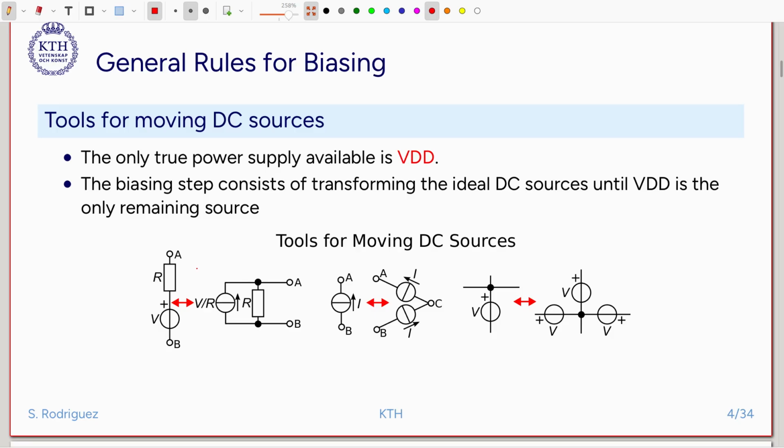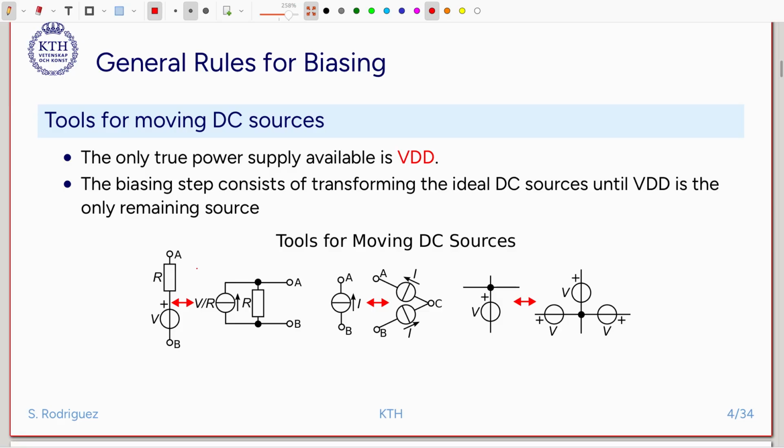Now, implementing these sources is not trivial, so we are going to use a very easy method that is very powerful, and it comes with the use of very simple tools that we learn in the basic electric circuits principles.